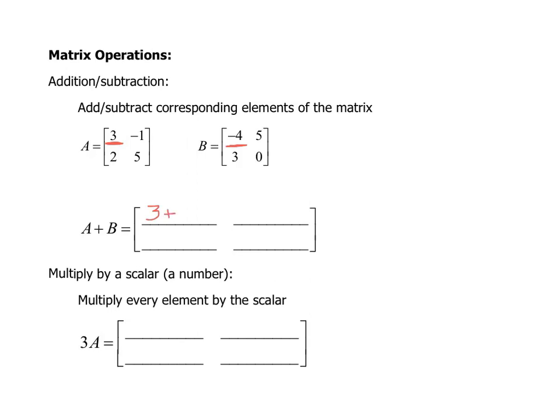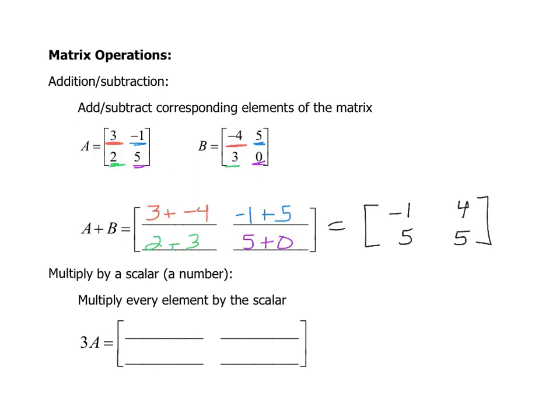So we're going to have 3 plus -4. The -1 is in the same spot as the 5, so we're going to have -1 plus 5. The 2 is in the same spot as the 3, so we're going to have 2 plus 3. And the 5 is in the same spot as the 0, so we're going to have 5 plus 0. Our answer is going to end up being -1, 4, 5, 5.